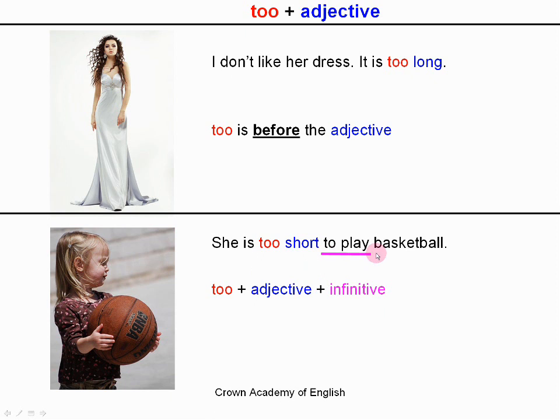Too short to play basketball. So the meaning of this sentence is she cannot play basketball because she is too short. She is excessively short. Okay? So too plus adjective plus a verb in the infinitive.